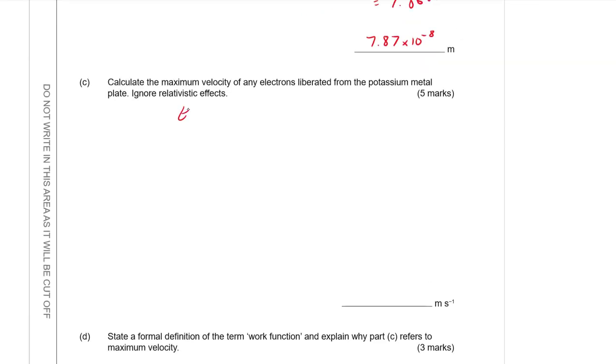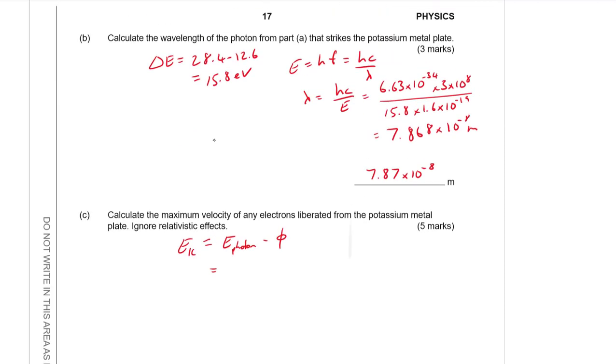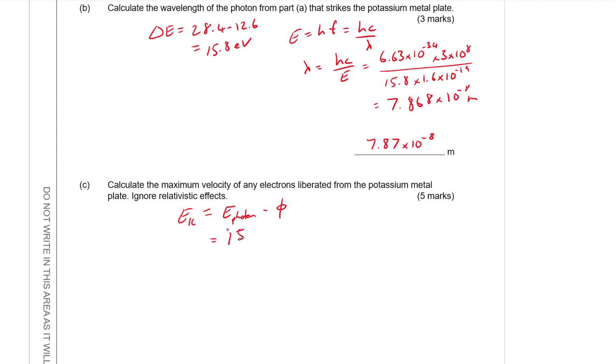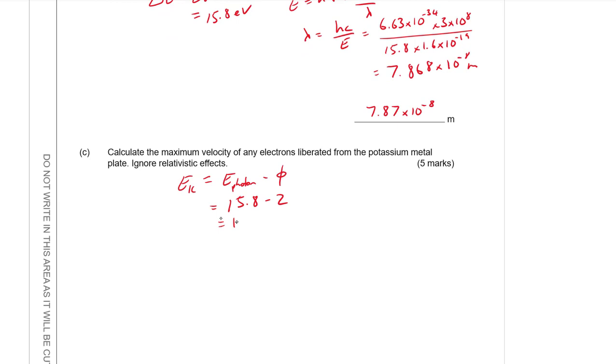The kinetic energy of the electrons that are liberated is going to be equal to the energy of the photon minus the work function of the material. So that would be, if I remember correctly, 15.8, and subtract that 2 electron volts, and you end up with 13.8 electron volts. I'm going to convert this to joules now, and I've got 2.208 times 10 to the negative 18 joules.